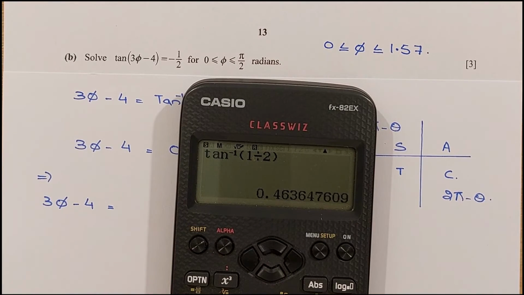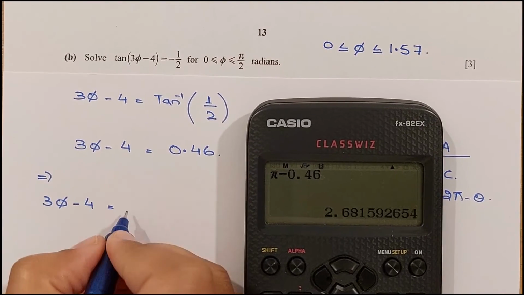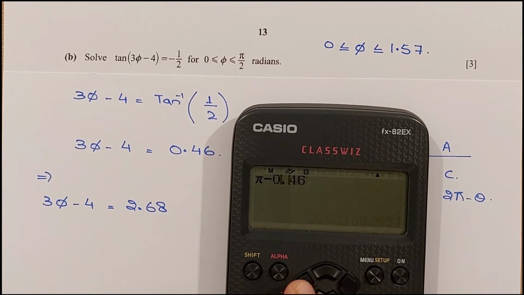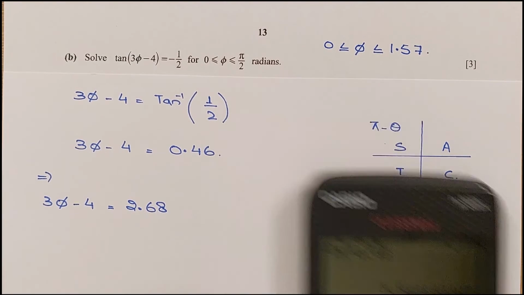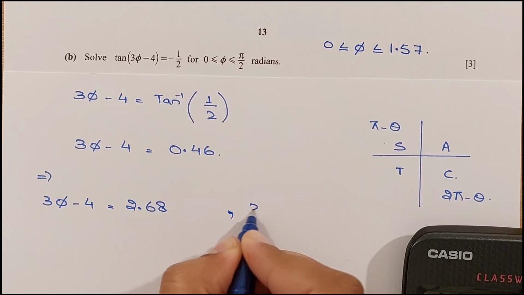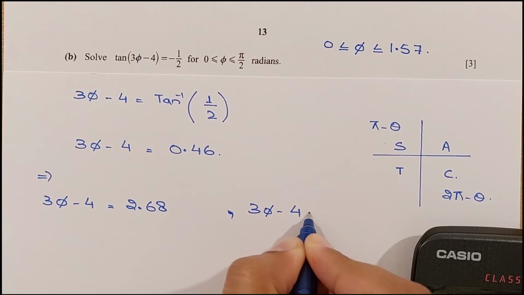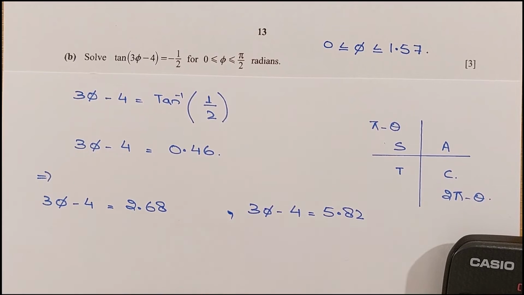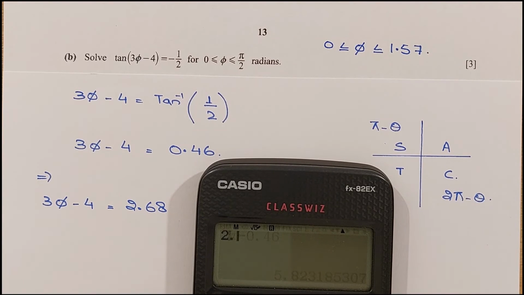So pi minus 0.46 is 2.68, right? And if we do 2 pi minus 0.46, this is 5.82, or the other is 3 phi minus 4 equals 5.82, right?